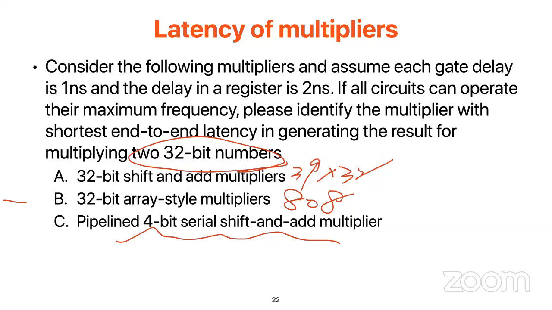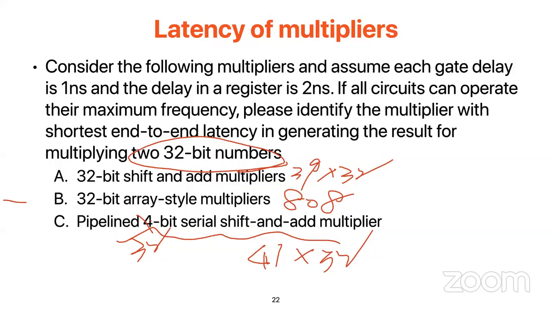So for the pipeline 32-bit serial shift and add multiplier, it's said 32-bit, so then it's 41 times 32.